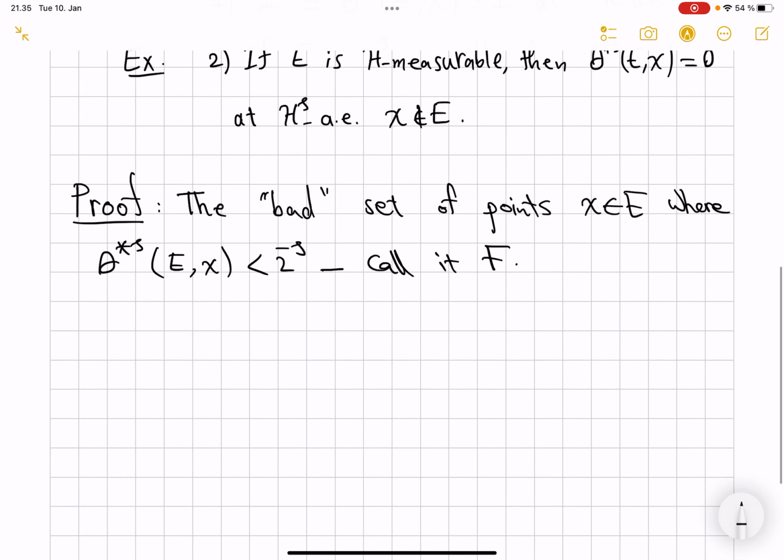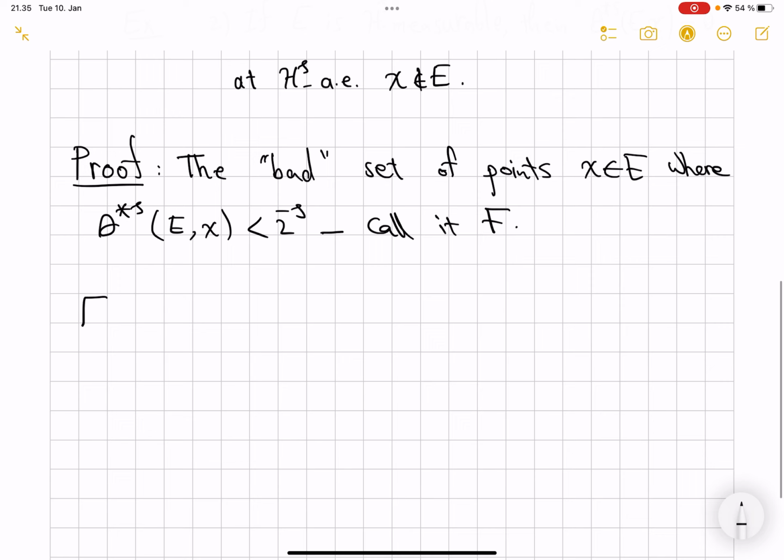So what this means is that F is those points in E where the limit supremum is less than 2 to the negative s. Well, what are the numbers that are less than 2 to the negative s?